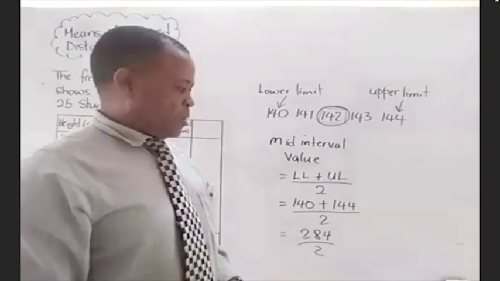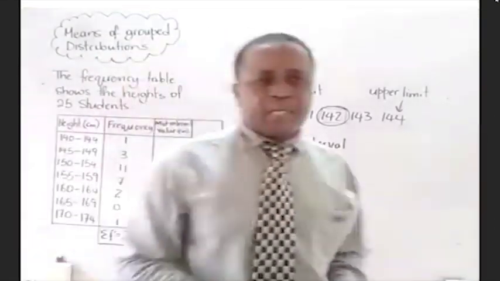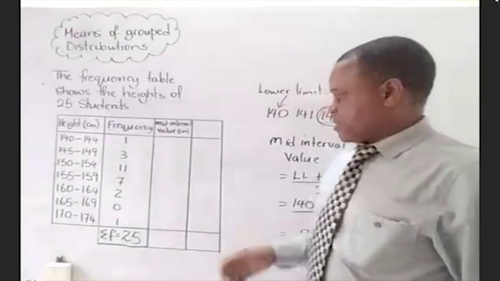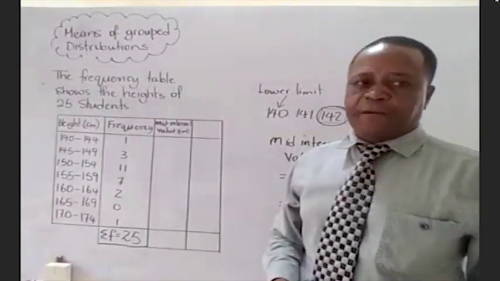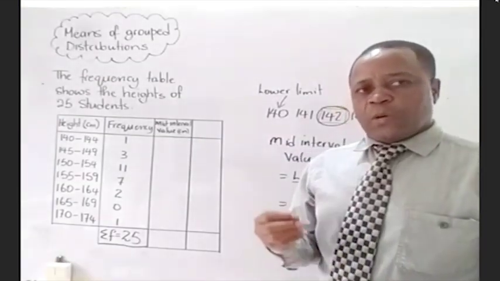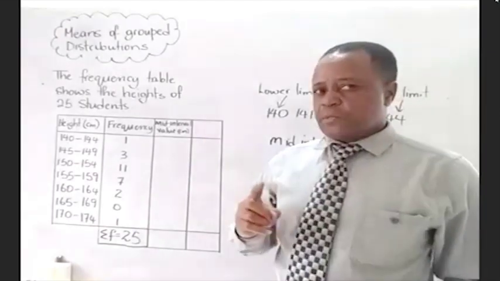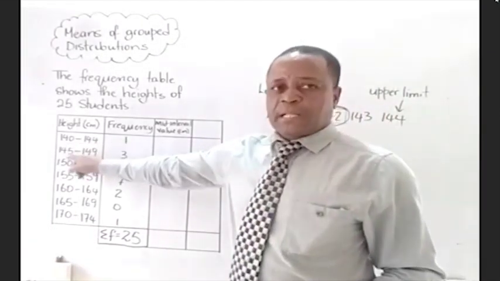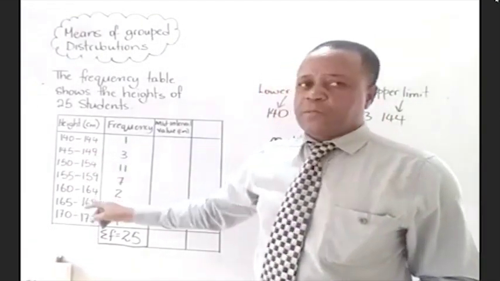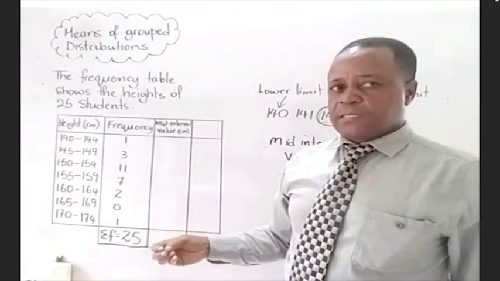Now, in this case, why is it important that we find the mid-interval value? What we're doing here is that we need a value to represent each class.